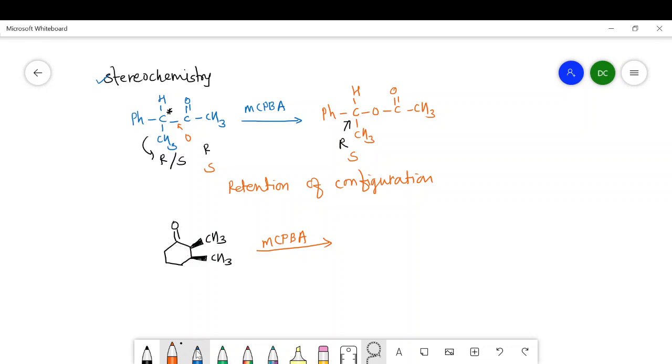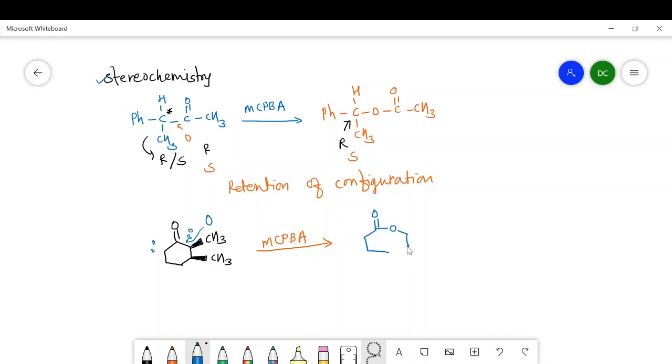If you look at the structure of this cyclic ketone, this is the secondary carbon, whereas this is the tertiary carbon. So the oxygen is going to insert between these two carbons. So we get a ring in which there is oxygen insertion. So the 6-membered ring is converted into a 7-membered ring.